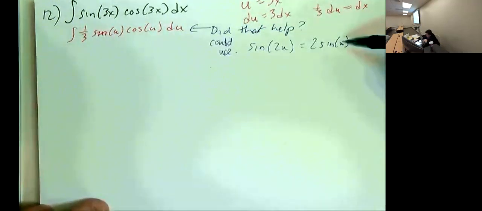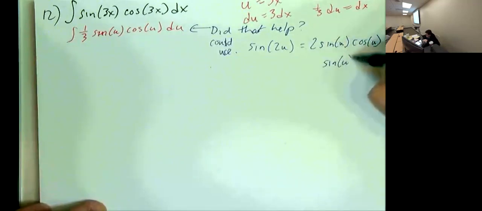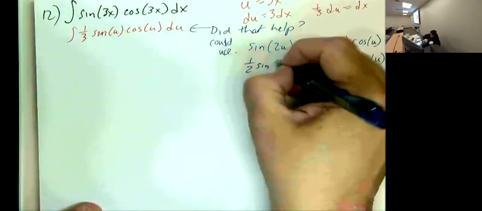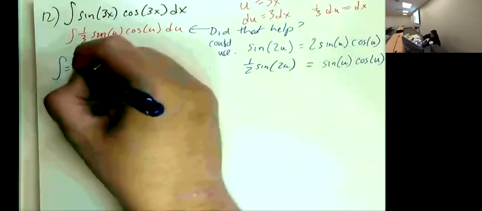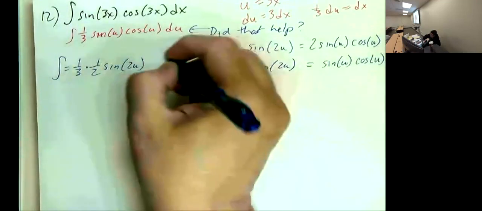I don't have 2 sine u cosine u. I only have sine u cosine u. So I got to divide by 2. This would be 1/2 sine of 2u on the other side. And that would make this integral 1/3 times 1/2 sine of 2u du.